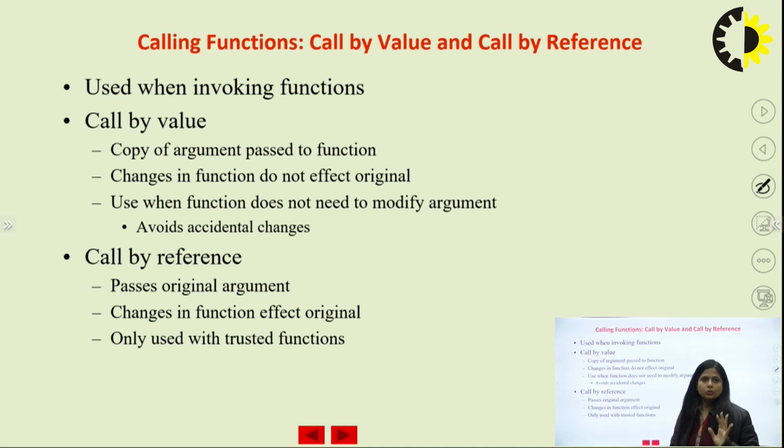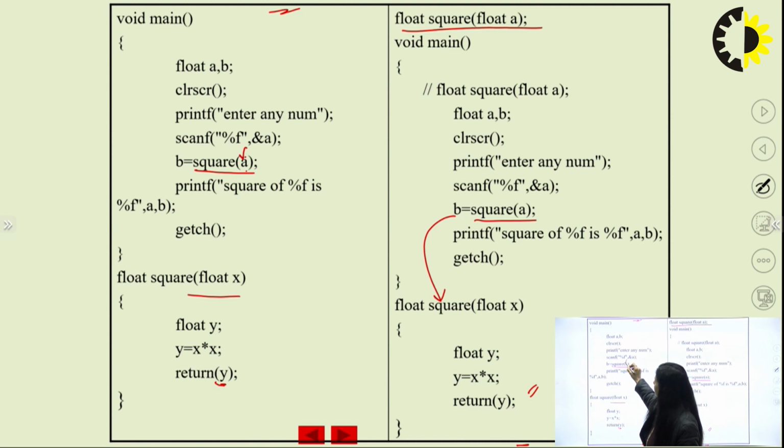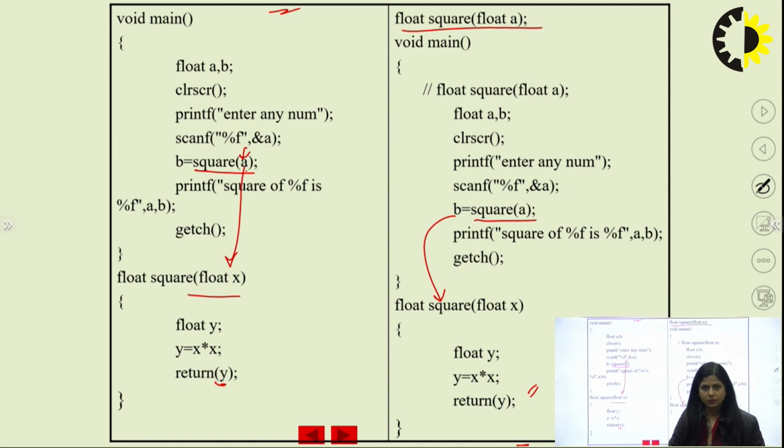So two types of function calling are there. One is call by value, another is call by reference, right? In call by value, we have seen we pass the value of the parameters, like in the last program, we are passing this value. When this function has been called, this value is getting copied into the formal parameter, right?